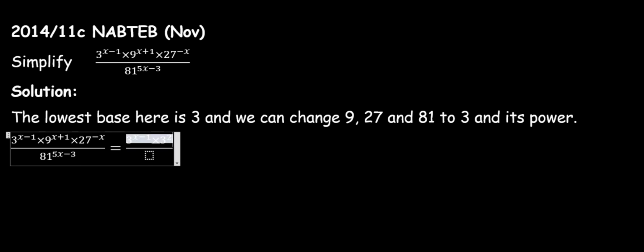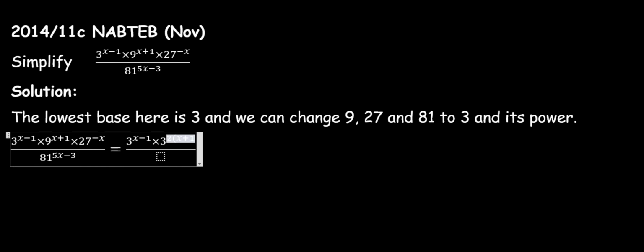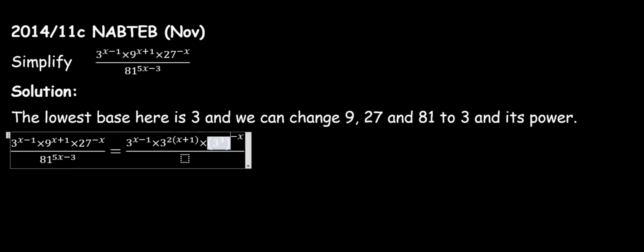That is carrying power. So we introduce bracket to protect the former power that was there, which is power x plus 1, times 27 becomes 3 raised to power 3. We introduce bracket as well, raised to power minus x.